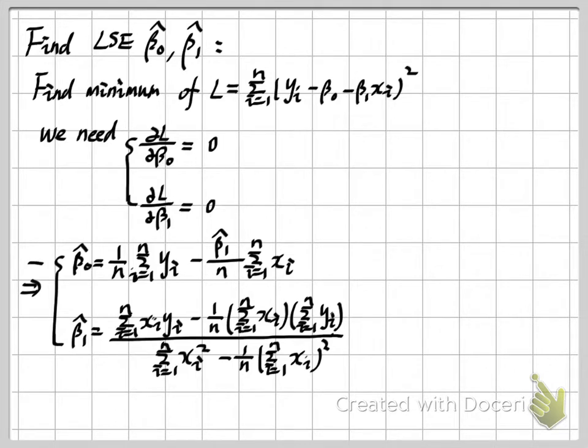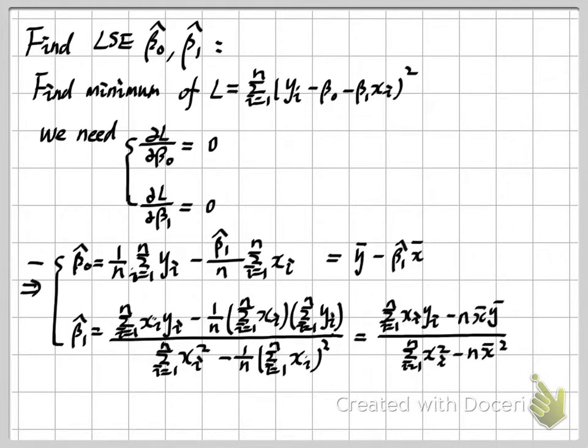So based on the definition of our sample mean, in fact, we can rewrite this formula much simpler. Here we can see the equation will become this part. We still compute beta 1 hat first, and then compute beta 0 hat. So this equation we can rewrite as this one.